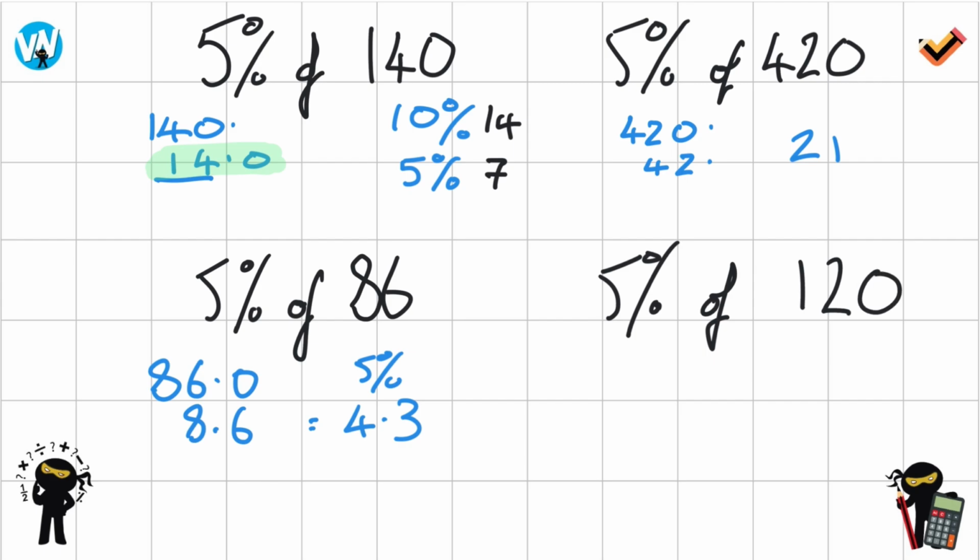So again, we would find 10%. So again, 120. So that's going to become 12. Okay. Now we've found the 10%. To find 5%, we're just going to half. So half of 12 is 6. All right. So finding 5% is relatively easy. And we need to be able to find 5% for more challenging questions that are going to crop up.